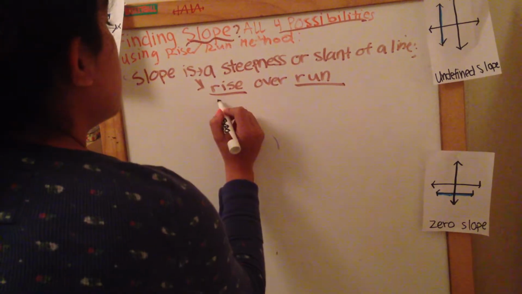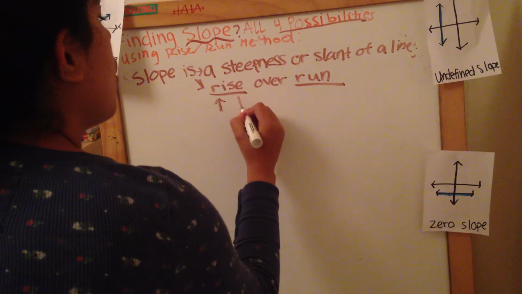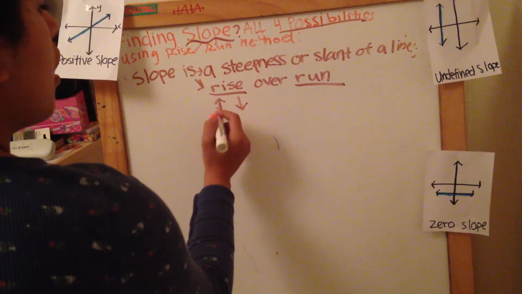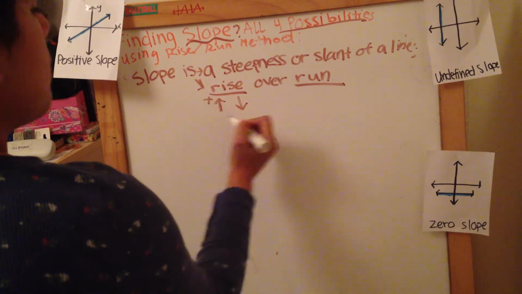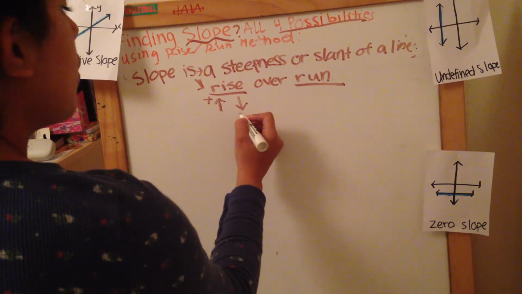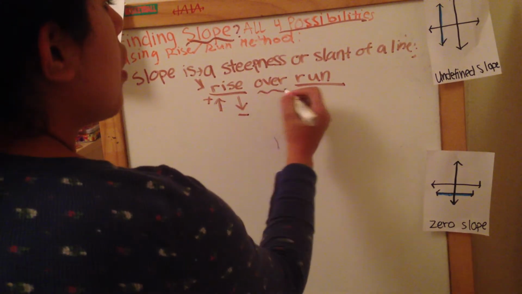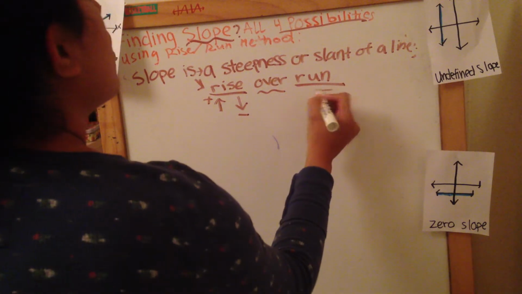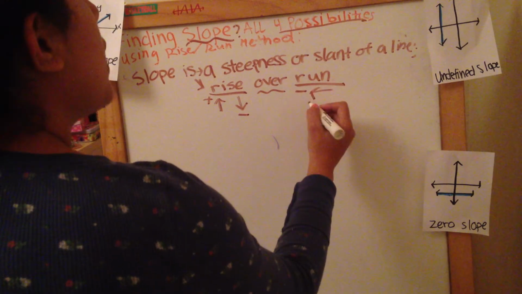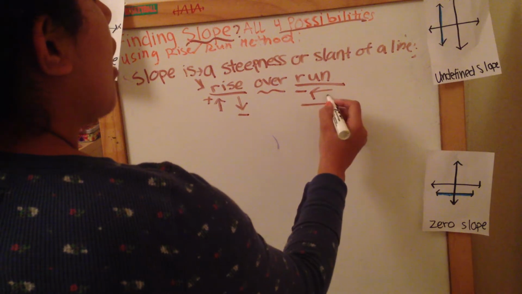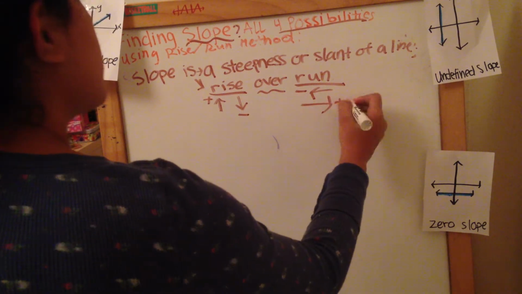Rise is up or down, going up being positive, going down being negative. Over run: going left being negative and going right being positive.